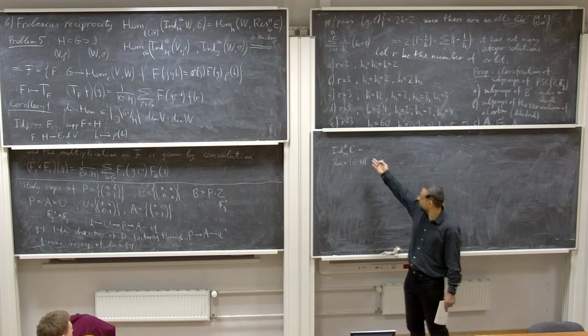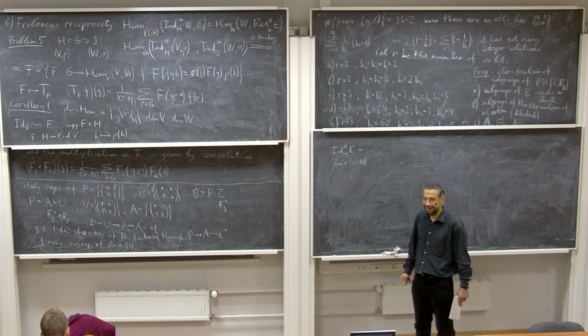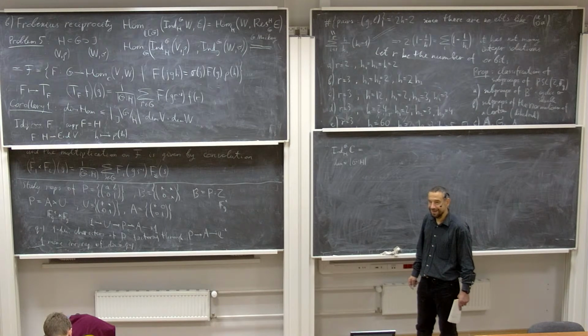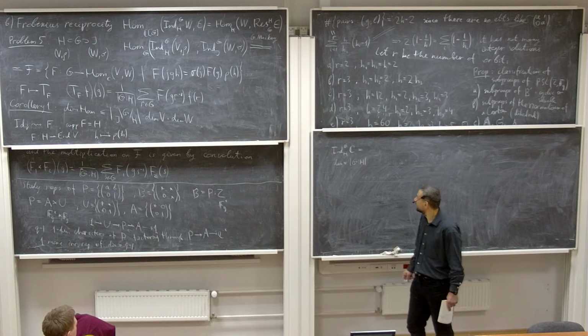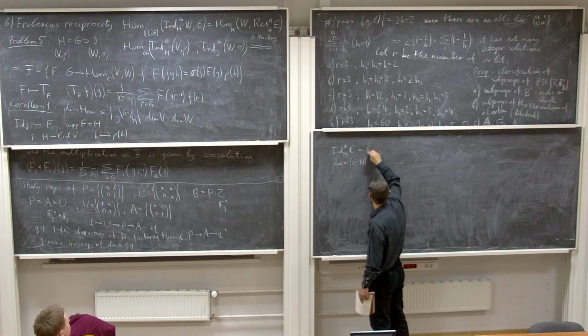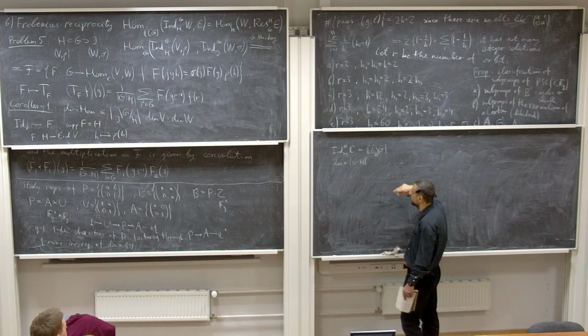I wonder if you induce the trivial representation in general, what do you get? Well, sort of, yeah. So it's just functions on cosets, and G acts just by right translations.